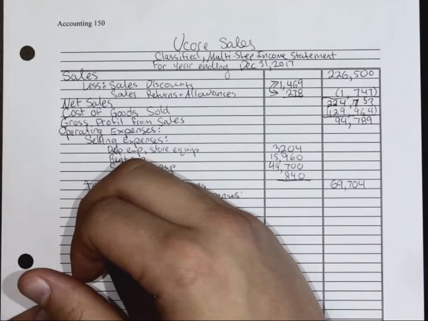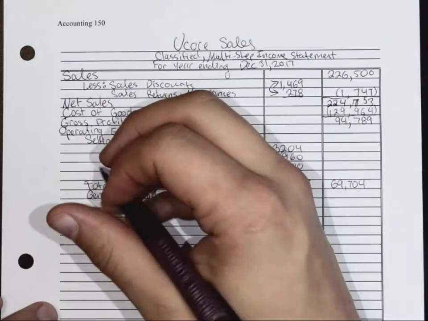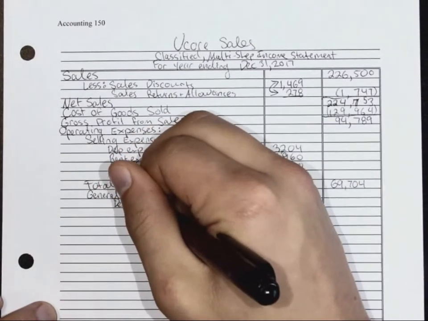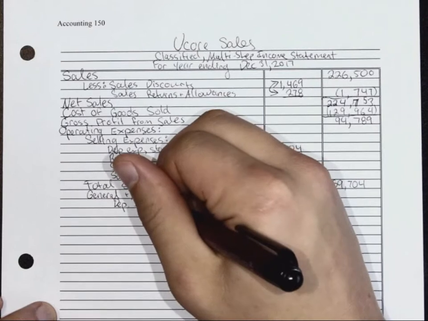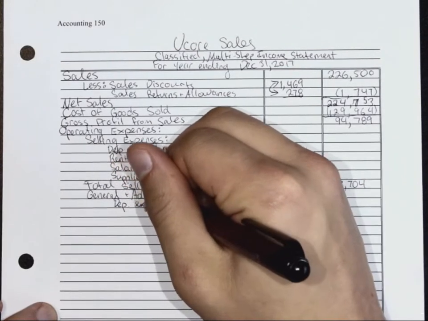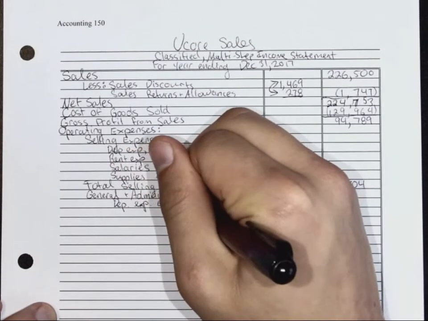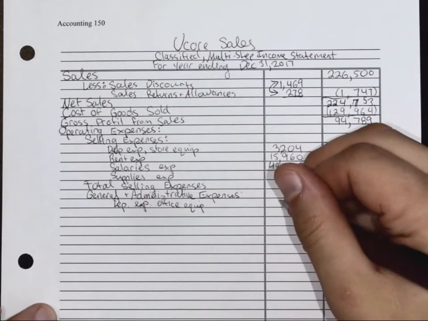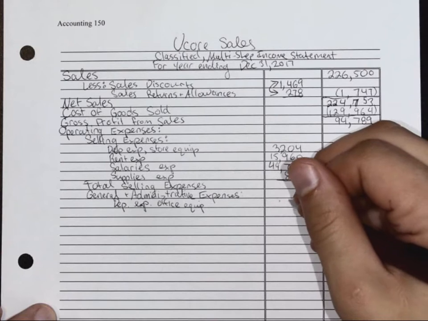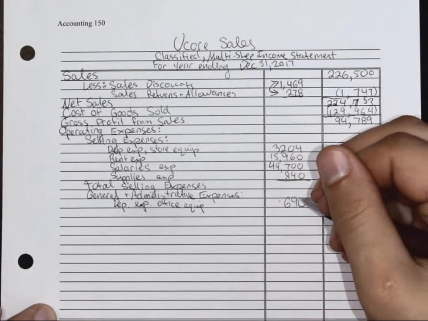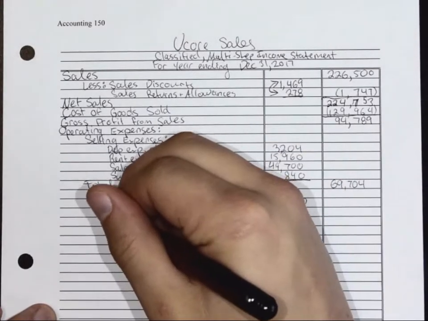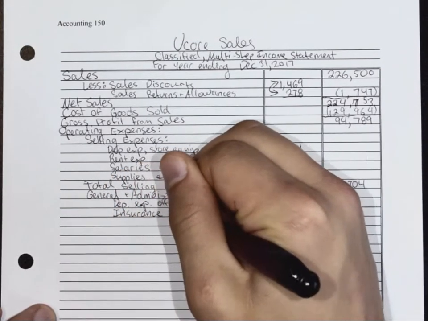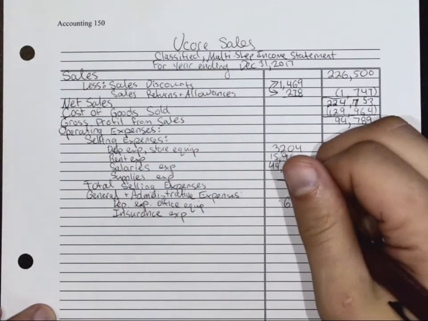Starting from the top, going through the list, we have depreciation expense for the office equipment, which is $690. We have insurance expense for $1,240.